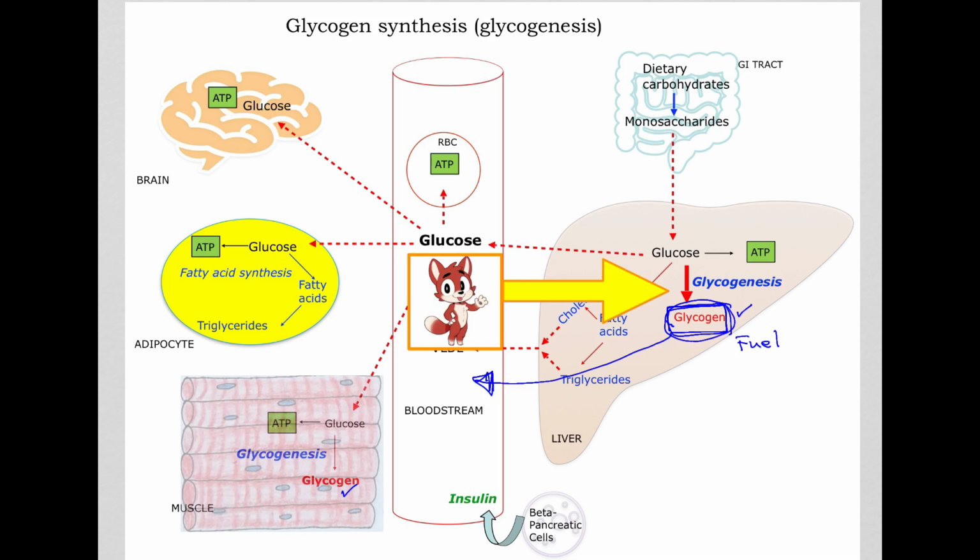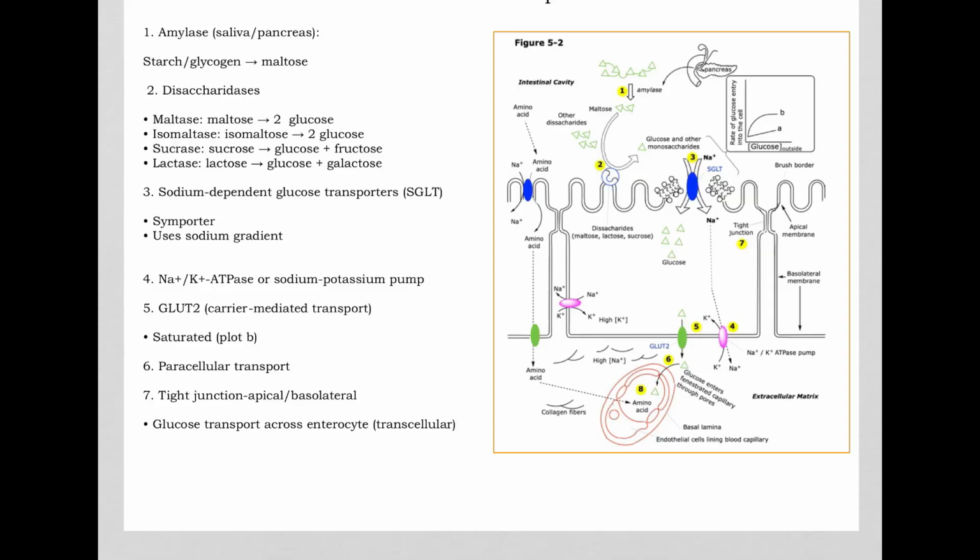And maintaining the blood glucose, as we mentioned earlier, is very critical for red blood cells and for the brain. So let's summarize this very important pathway.